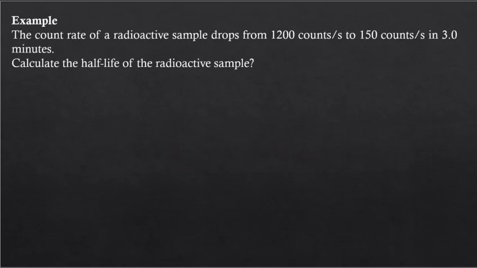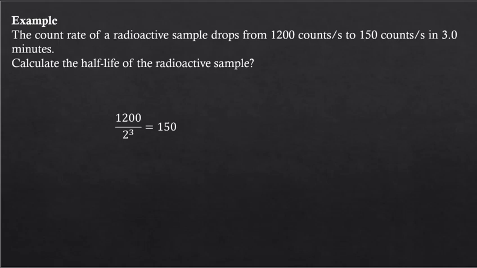So let's have an example. The count rate of a radioactive sample drops from 1200 counts per second to 150 counts per second in 3 minutes. Calculate the half-life of the radioactive sample. So if we take 1200, divide by 2 to the power of 3, we are going to obtain 150 counts per second.